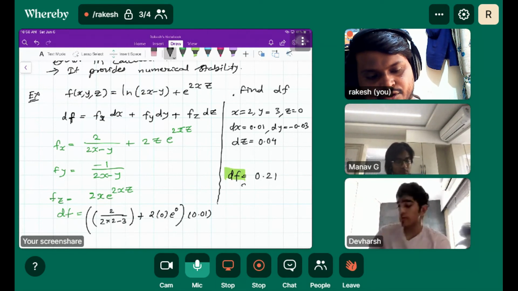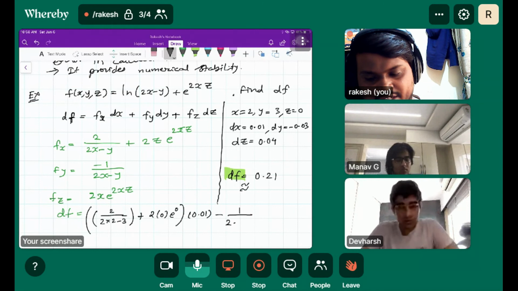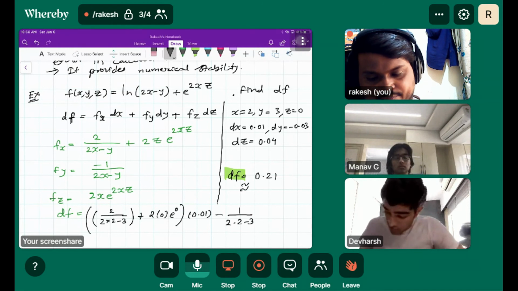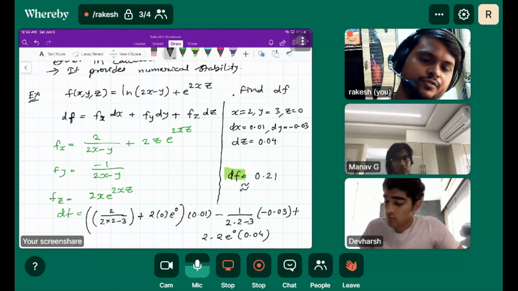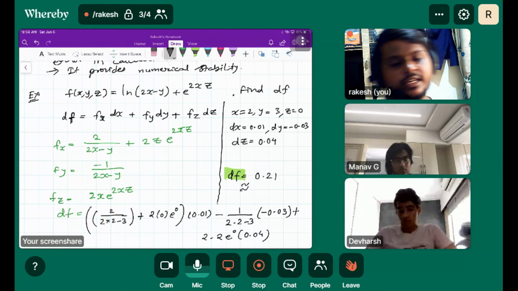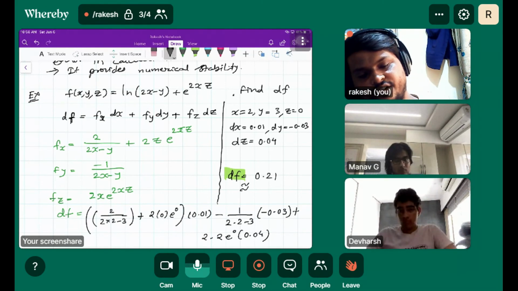Okay, so this is the approximate value. We are simply substituting these values, and this gives 0.21 as the approximate change in the function.